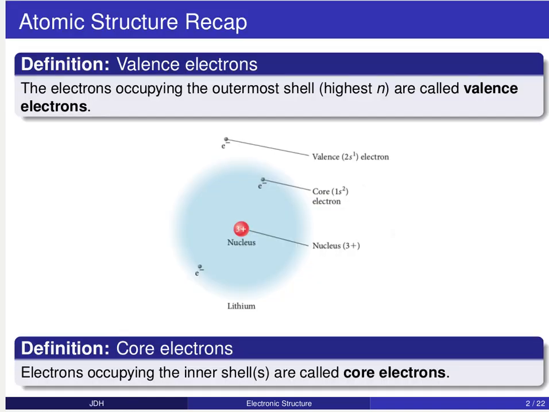So to recap what we've learned so far, we've introduced this concept of valence electrons. Basically, these are the electrons that are in that outermost highest energy orbital, and core electrons are then all those electrons that are inside that highest energy outermost orbital.